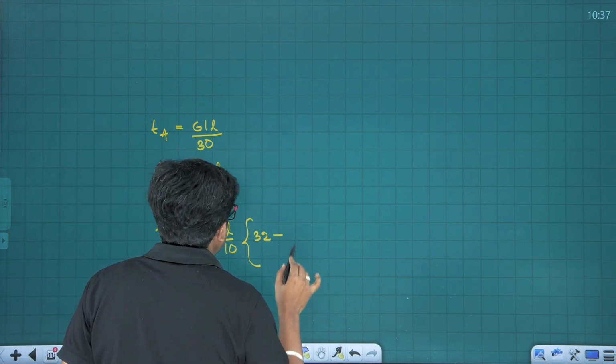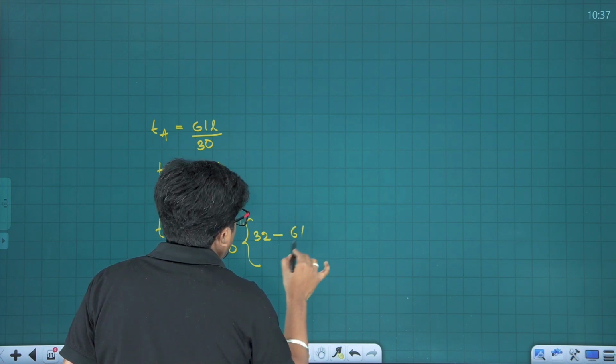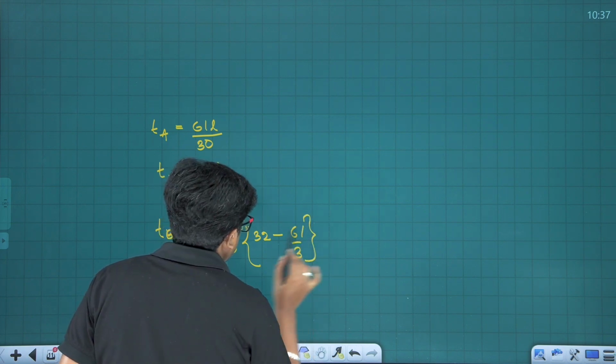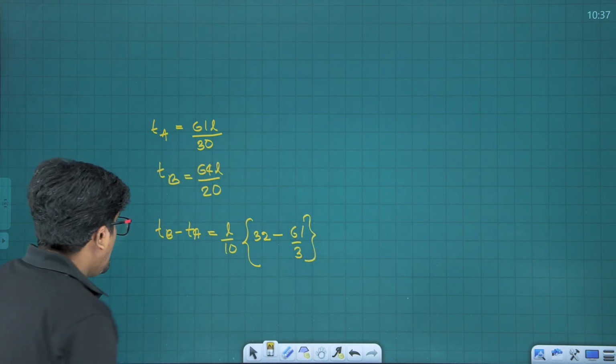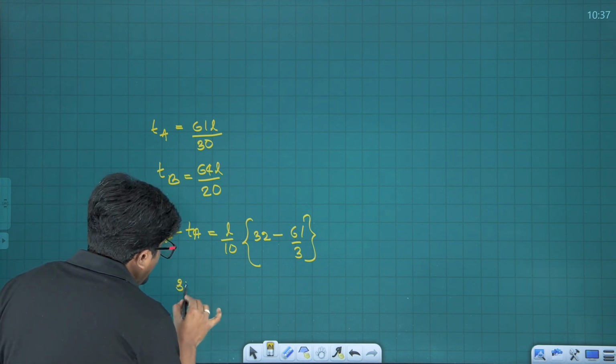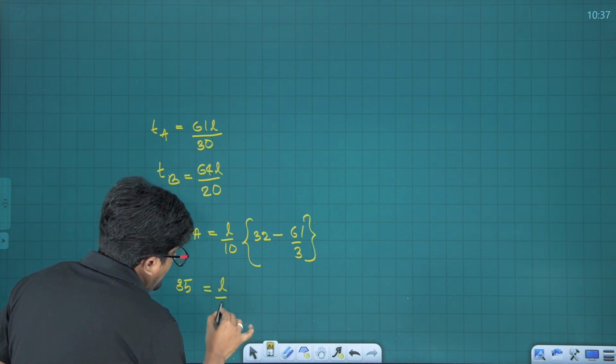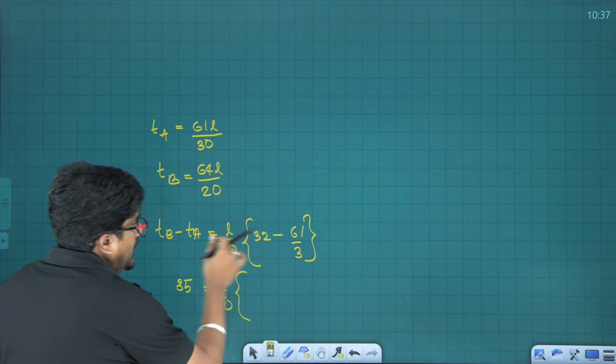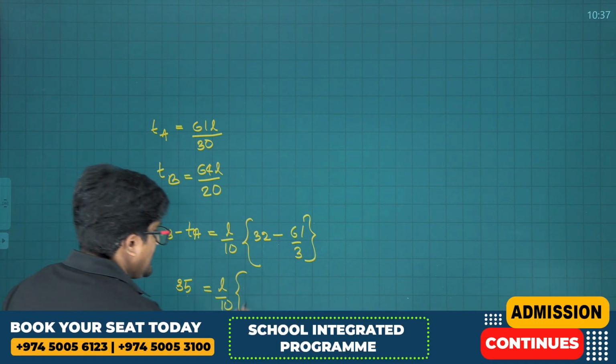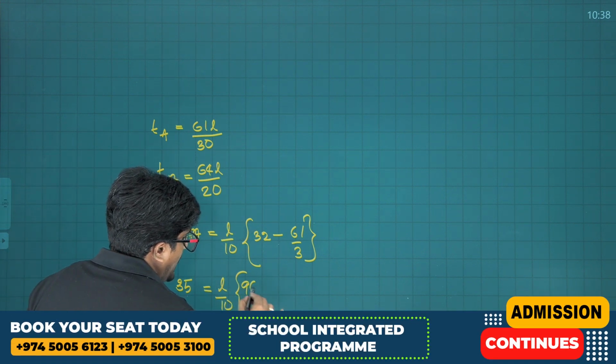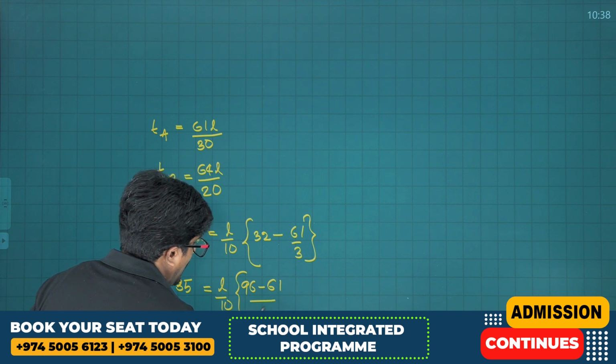It's going to be 61 by 3. Okay, so 35 is equal to L by 10 into 96 minus of 61 all divided by 3.